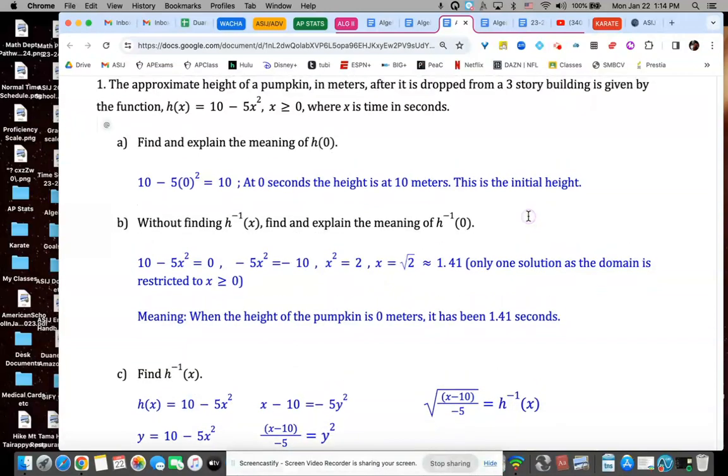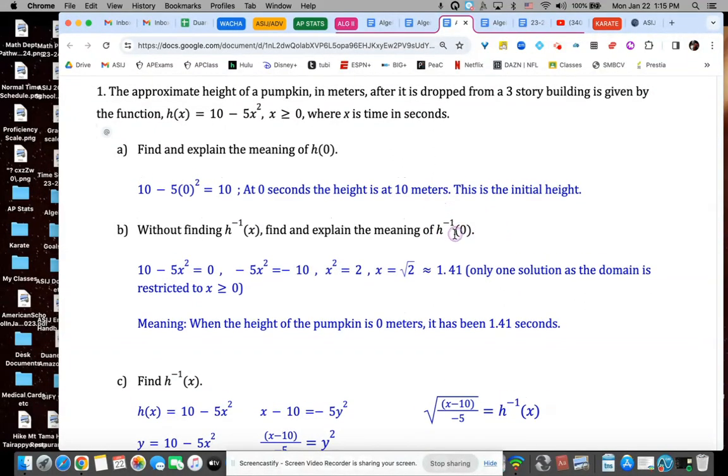Okay, now we're doing the inverse. So now they're like, oh, let's take 0 again, but this time let's use the inverse function. So what you need to know in your brain is that if I see this little -1, that's the inverse. If it's the inverse, then the number inside there is not the x value anymore, it's the y value. So we're asking ourselves, when is this equation equal to whatever value that is?